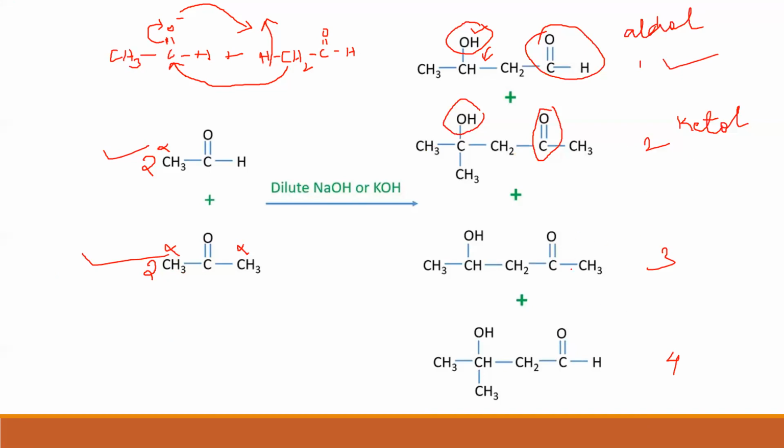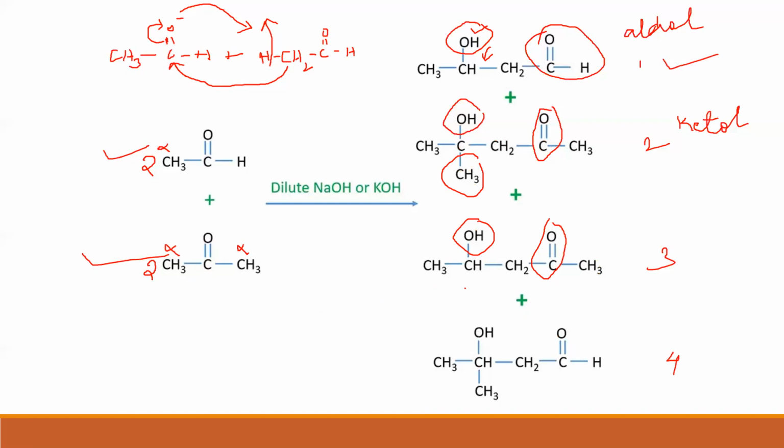And let's observe the third product. Now, when will you get this product? This is also a ketol. But what is the difference between this and this? Yes, in this, I have an extra CH3 group as a substituent, indicating that it is obtained from ketone.